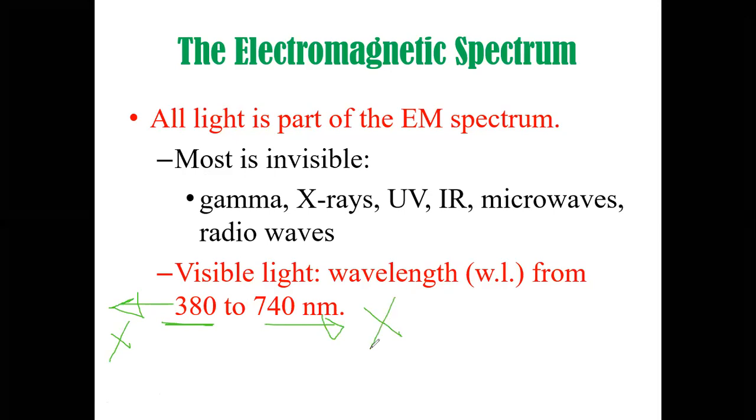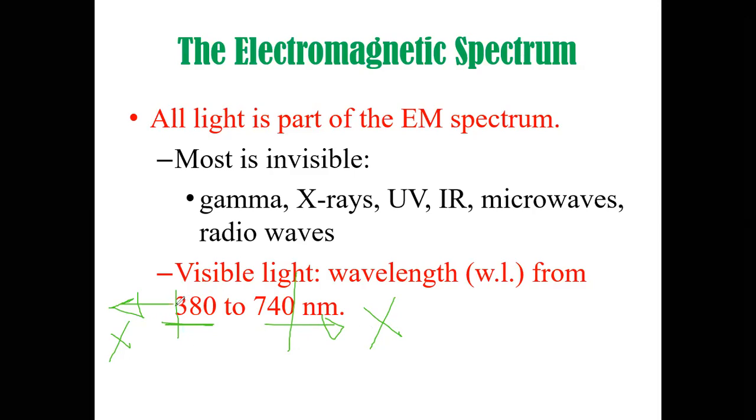So if the element is producing a wavelength of 380 to 740 nanometer, then we can identify their color, starting from the violet bluish color to the red color.